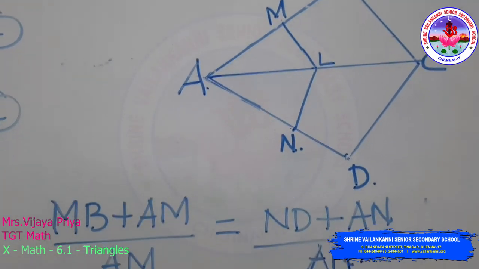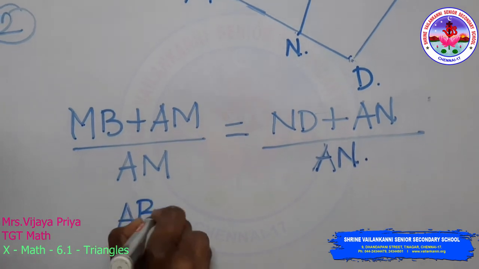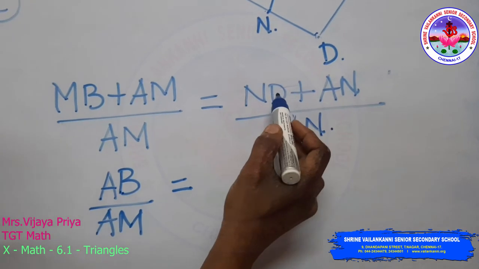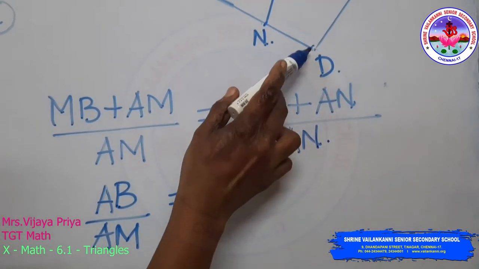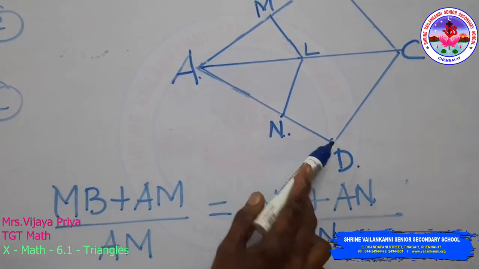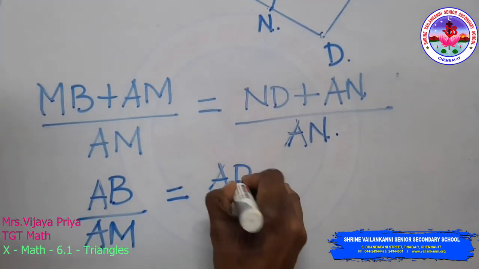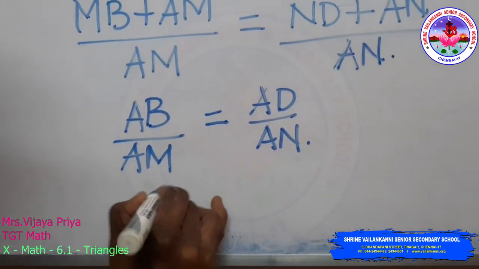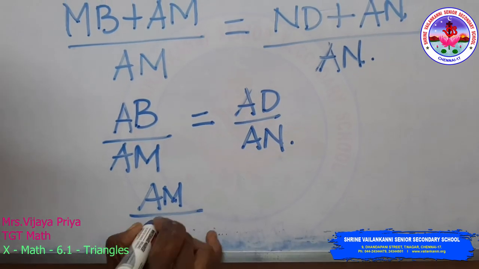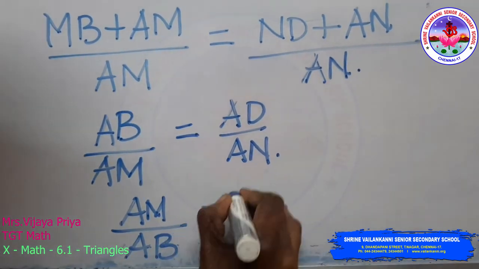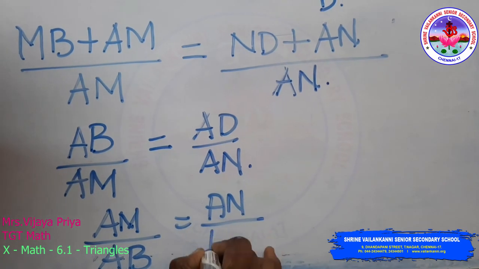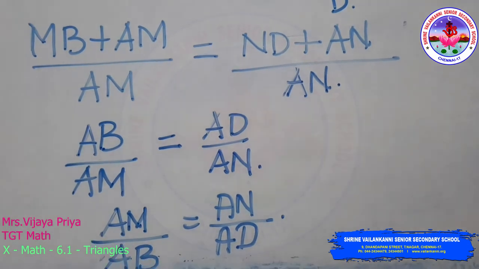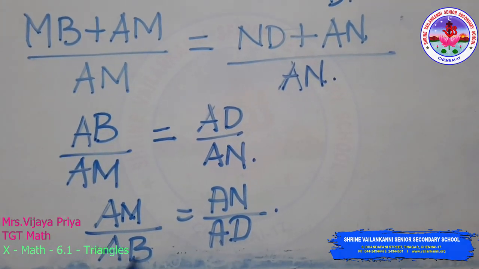So the numerator becomes AB by AM, which is equal to, on my right hand side, ND plus AN. Coming to this figure, ND plus AN becomes AD. So I will write AD by AN. Now again I am reciprocating this. I will get AM by AB is equal to AN by AD, which proves the required ratio: AM by AB is equal to AN by AD.